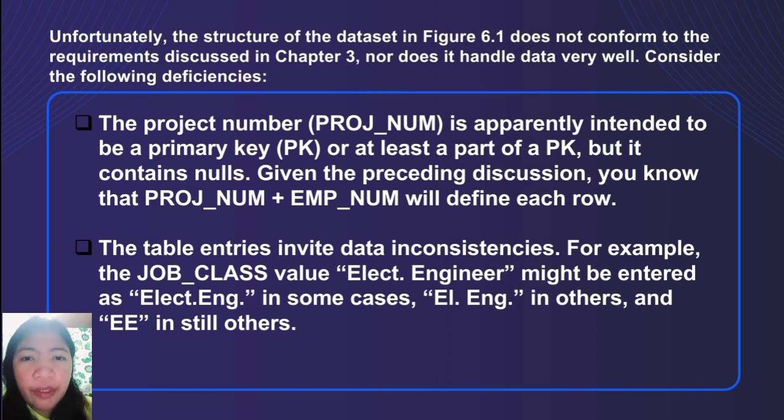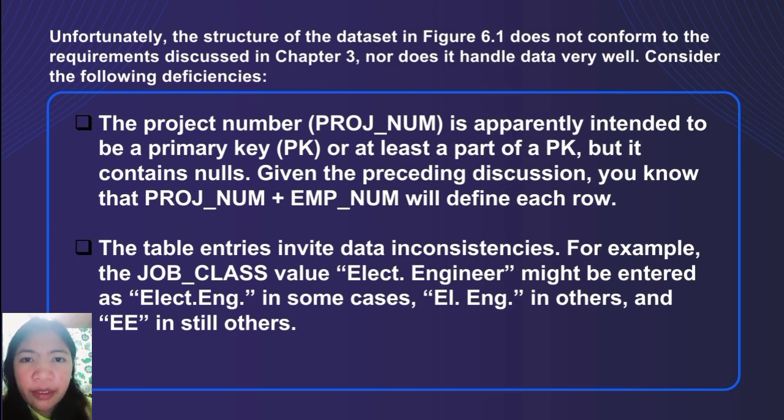The table entries invite data inconsistencies. For example, the job class value electrical engineer might be entered as elect.eng in some cases, el.eng in others, and EE in still others.